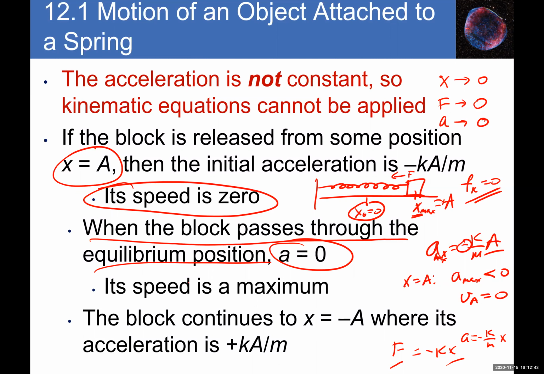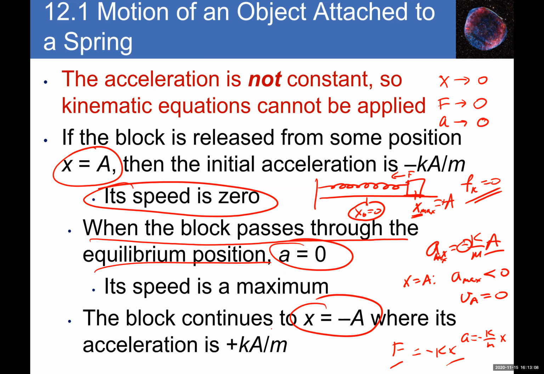As soon as the object, the block, moves from equilibrium to the left, even an inch, then the force changes direction, which means after that, the object moving to the left with the negative direction force or acceleration is going to start slowing down, right? It's going to start slowing down until it eventually stops at the x equals negative A position.